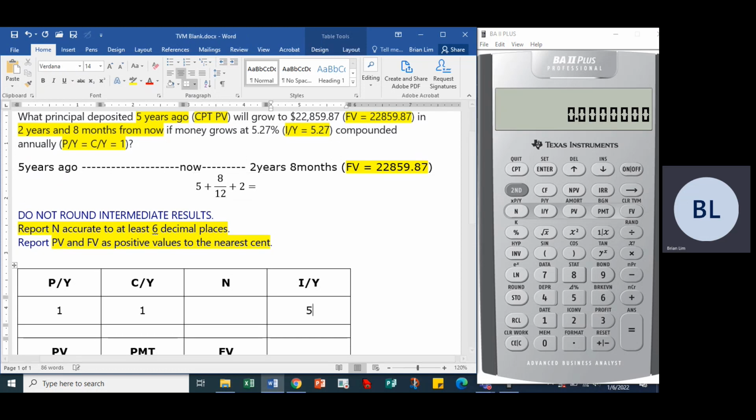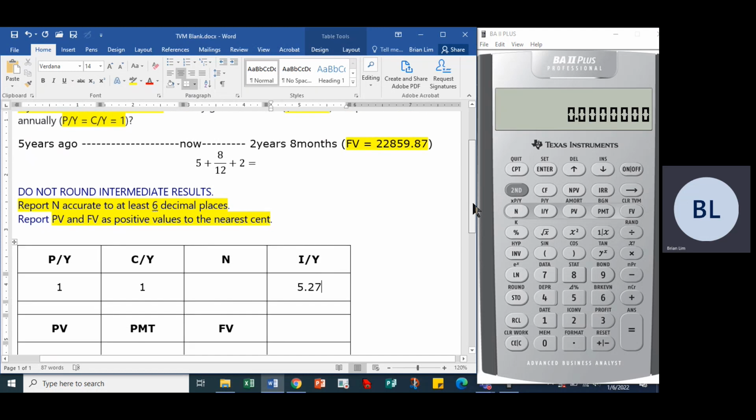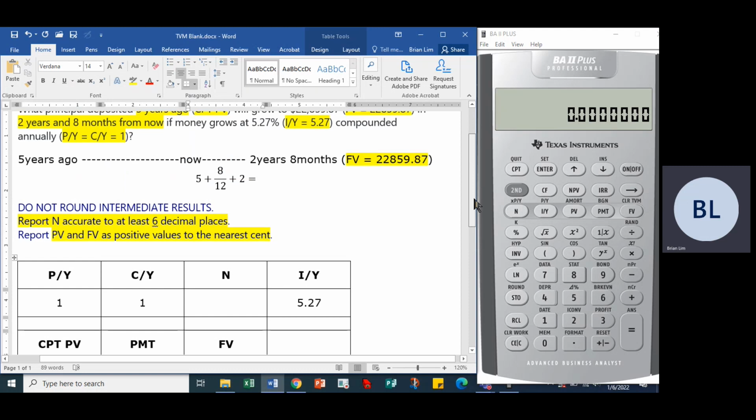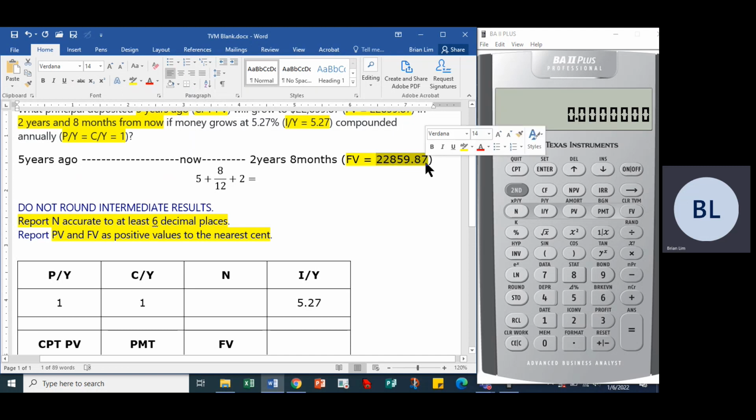We know that IY is 5.27. We know that the present value is what we would like to compute. The payment we know is 0, and we know that the future value is 22859.87.